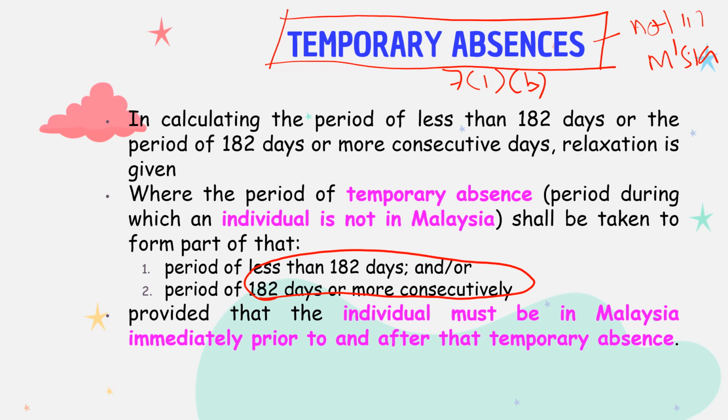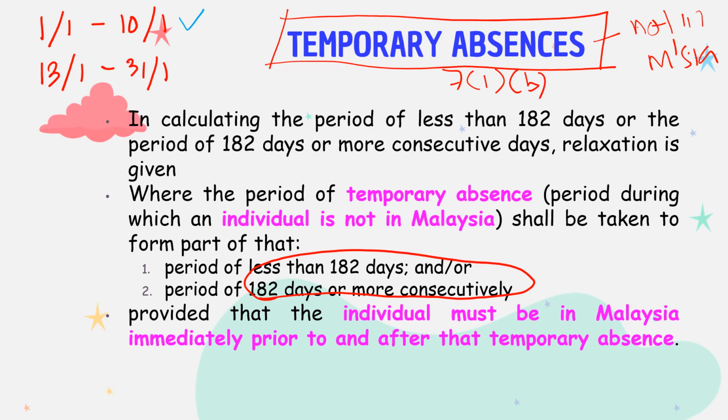For example, let's say 1st January until 10 January, followed by 13 January until 31st January. Let's see, guys, is this period consecutive or not? Look at here. 1st January until 10 January is consecutive, isn't it? The period is not broken.